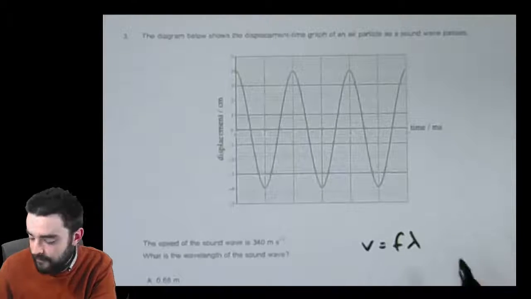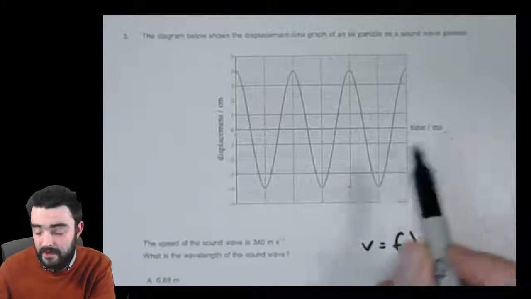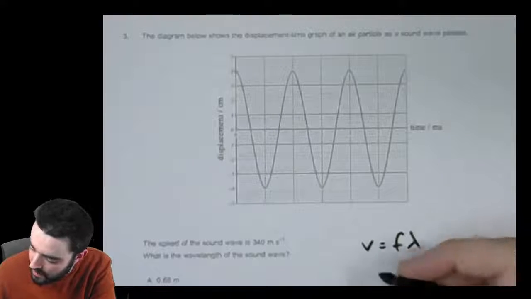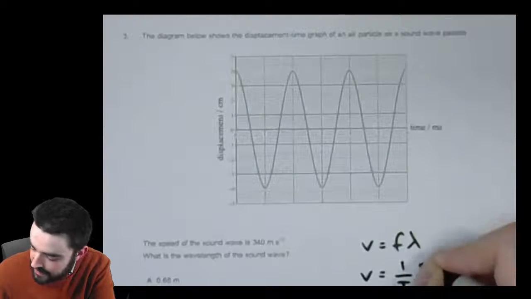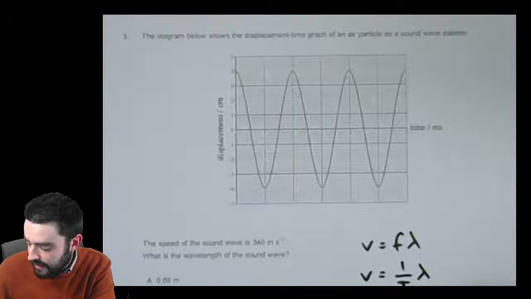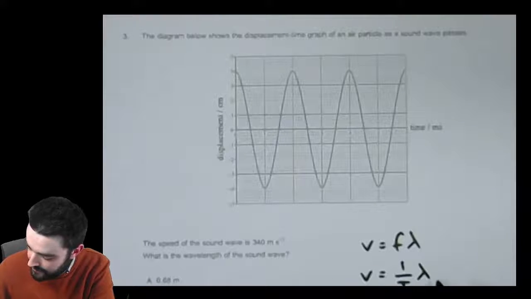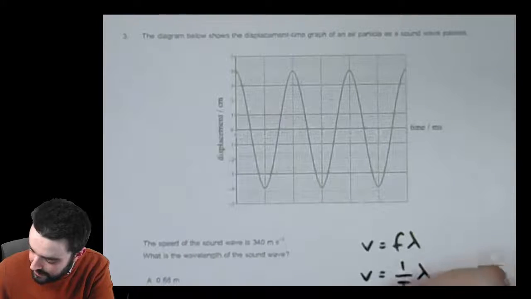Now we're not working out frequency. We're being given the time period because we've got time along here. So we can say that v = (1/T)λ, or we can then just say that λ = vT.